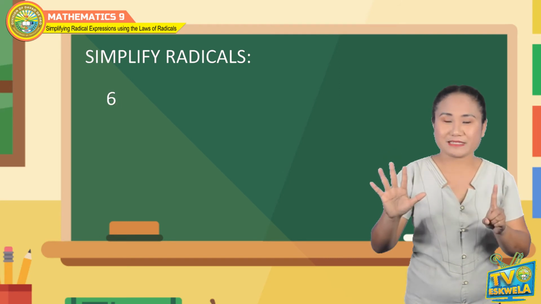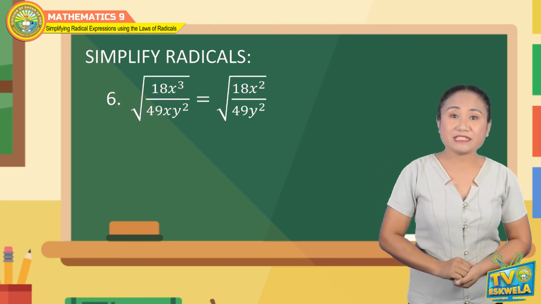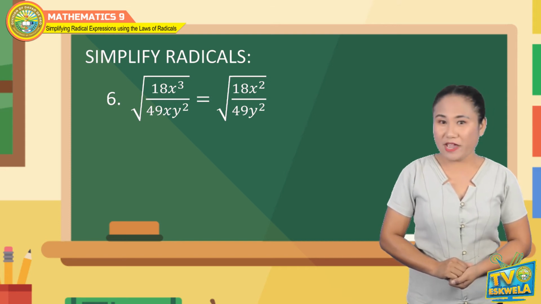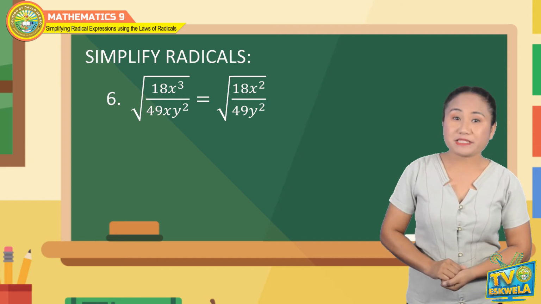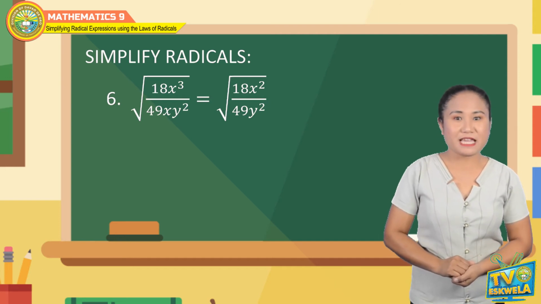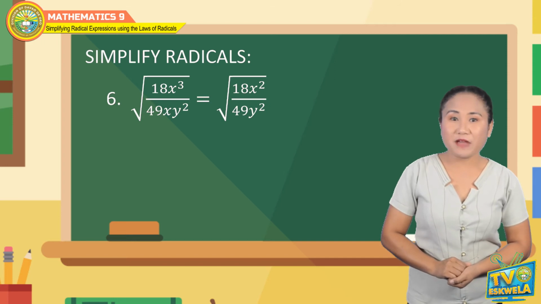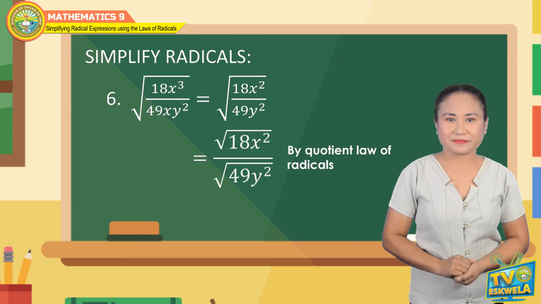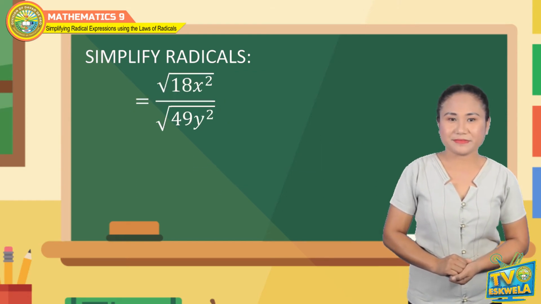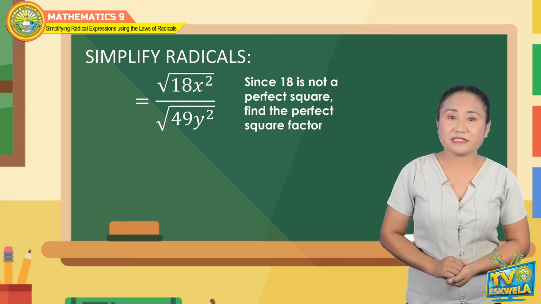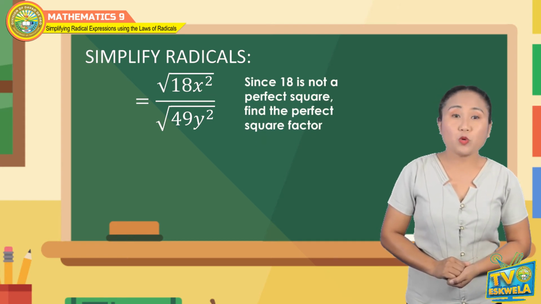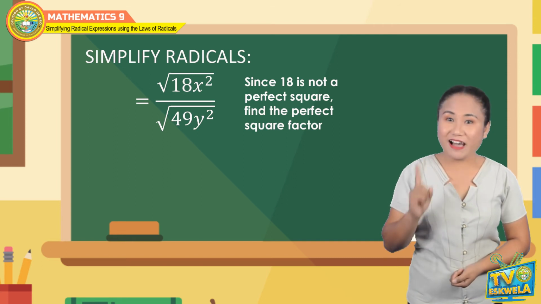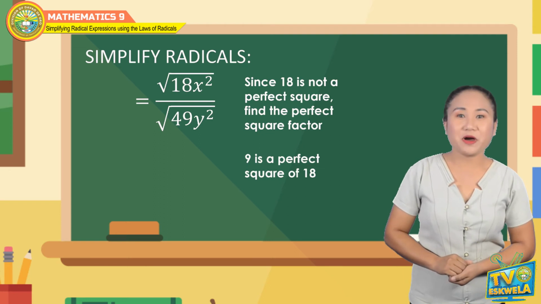Example number 6. Square root of 18x cubed over 49xy squared. We can start by simplifying the radicand. x is a common factor between the numerator and denominator. Since 18 is not a perfect square, we will find a perfect square factor. And 9 is a perfect square factor of 18.